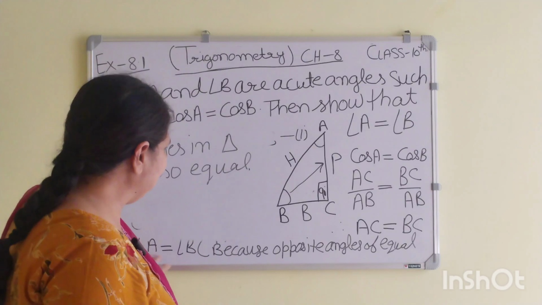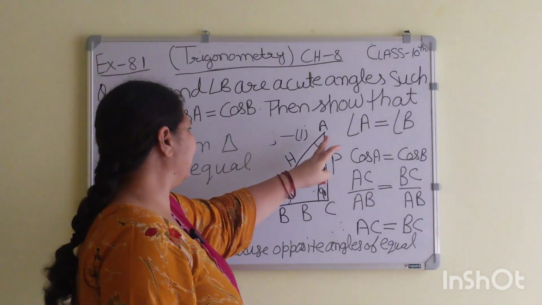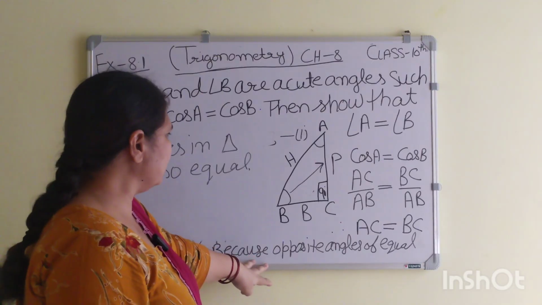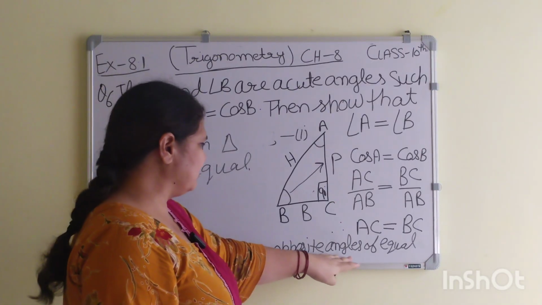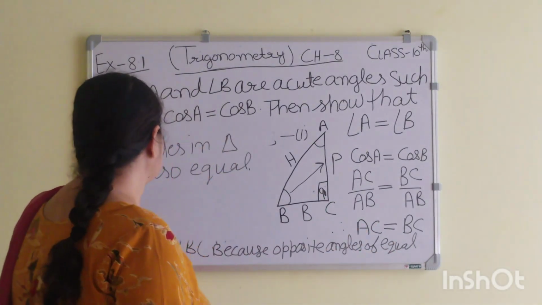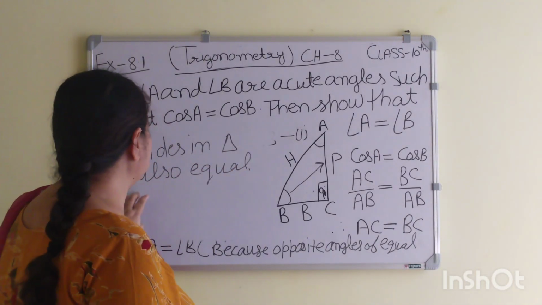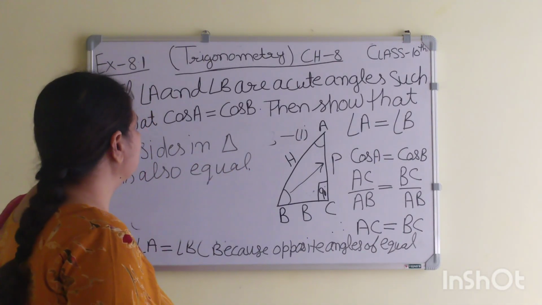Means angle A and angle B are equal because opposite angles of equal sides in a triangle are also equal.